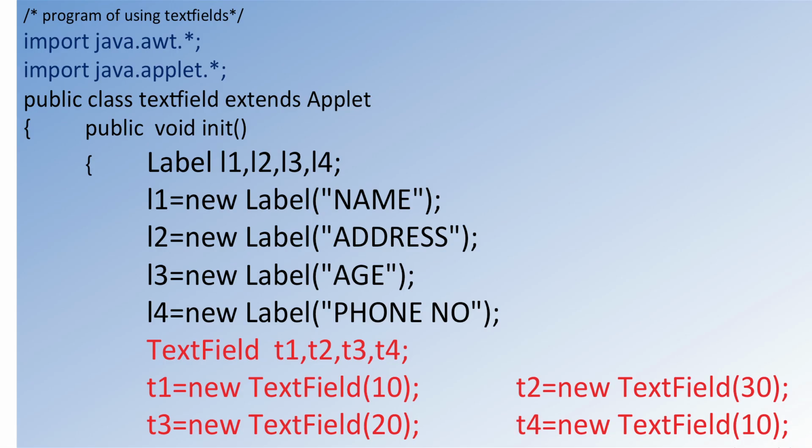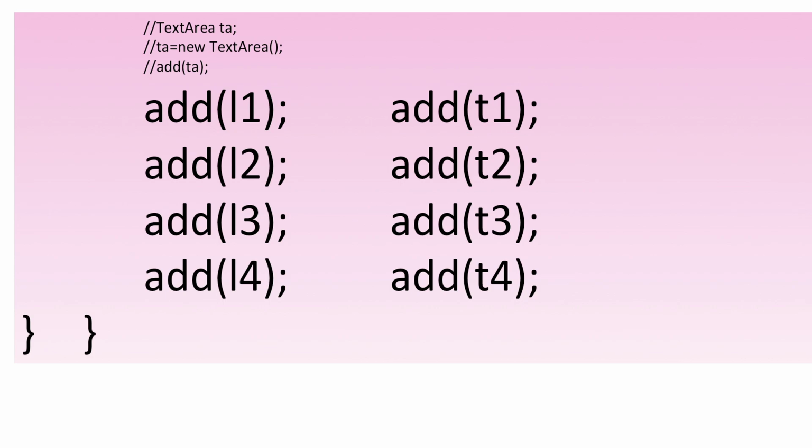Now we have defined four labels as well as four text fields. Now we will add all these labels as well as text fields on our applet. So see here, add L1 and after that add T1. In front of label 1 we are adding text field 1. In front of label 2 we are adding text field 2.